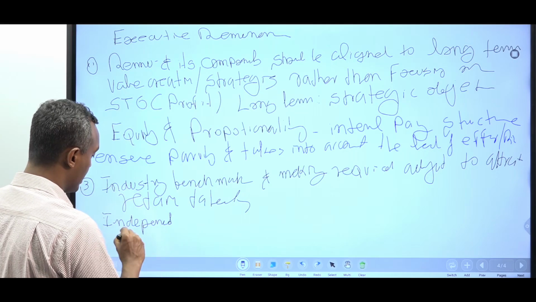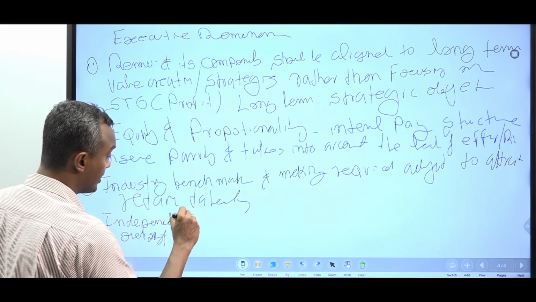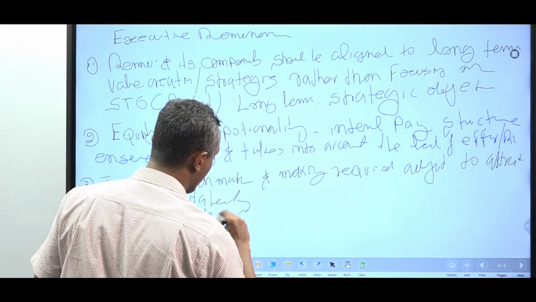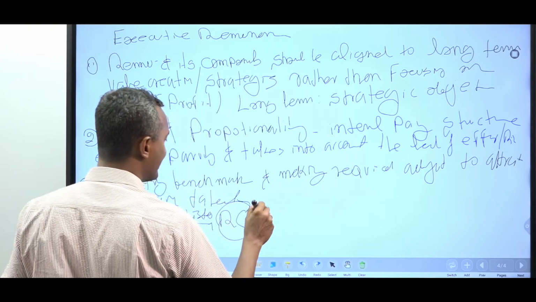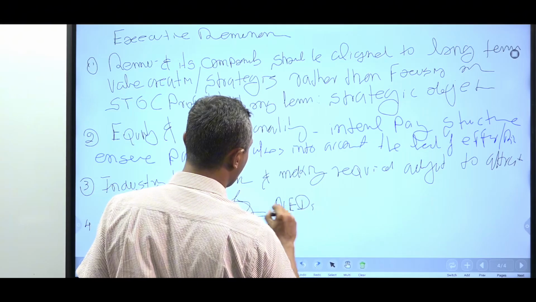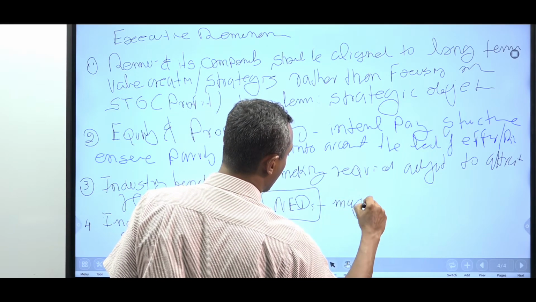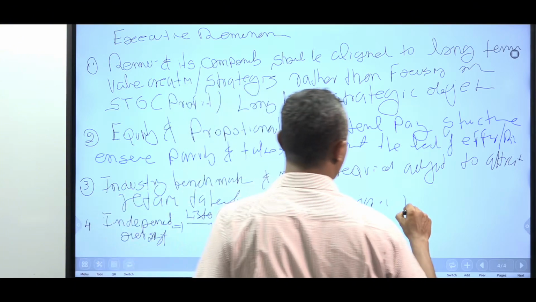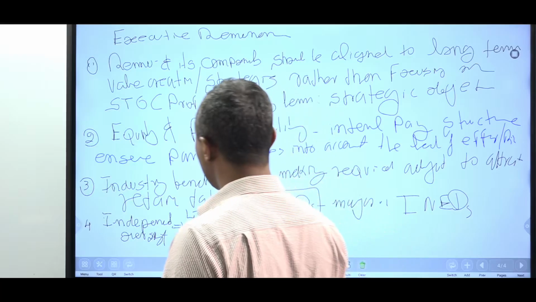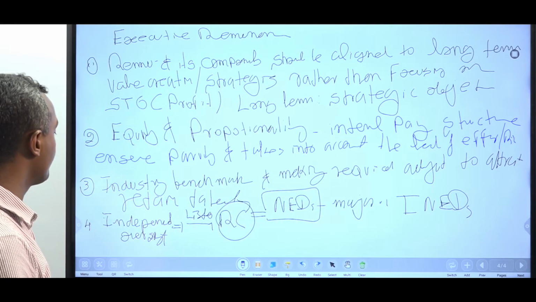Independent oversight, especially if the company is going to be listed, as mentioned in the case study, then it's advised to have a remuneration committee consisting totally of non-executive directors, the majority, or at least two should be independent non-executive directors, who will actually recommend to the board about the remuneration requirements.